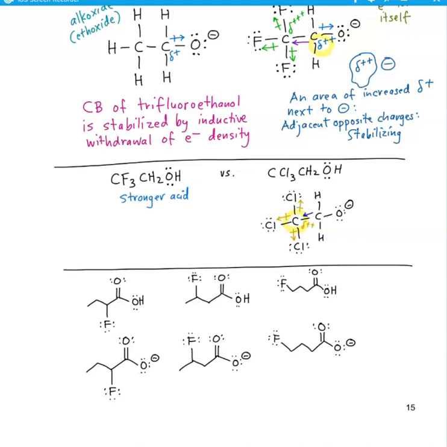Okay, so our assessment is, which is the strongest acid of these three, and as such, what we would need to do is draw their conjugate bases. All right, so let's take a look at each of these pictures.